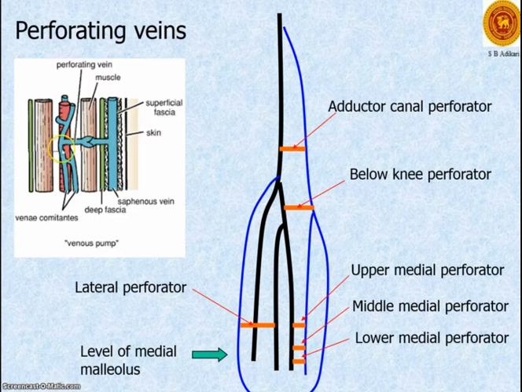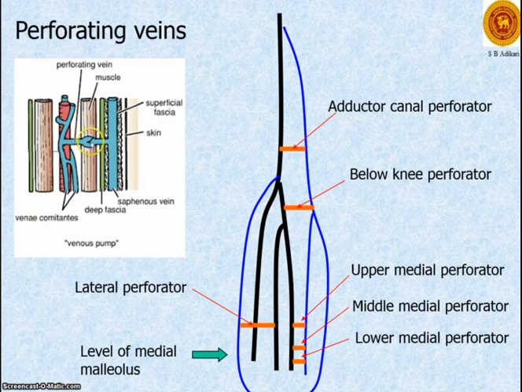And when the muscles contract, as I said before, when the pressure rises inside the deep veins, the valves in the perforators close and prevent blood regurgitating back into the superficial veins.